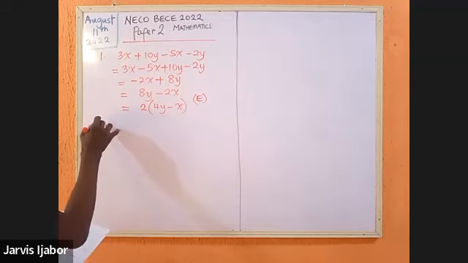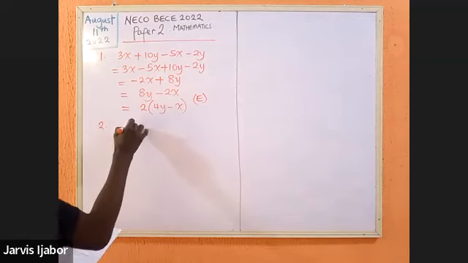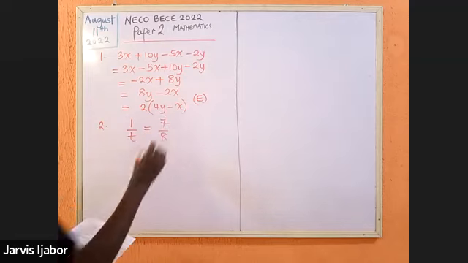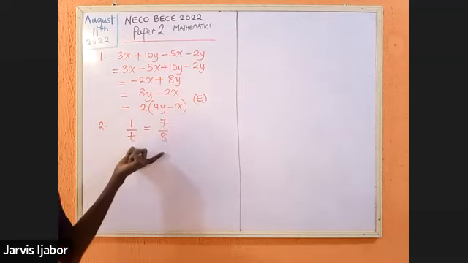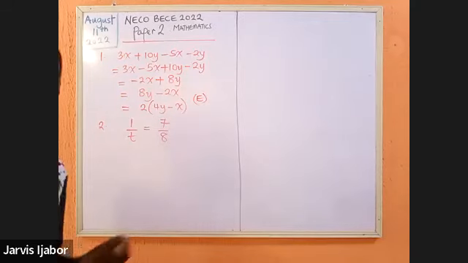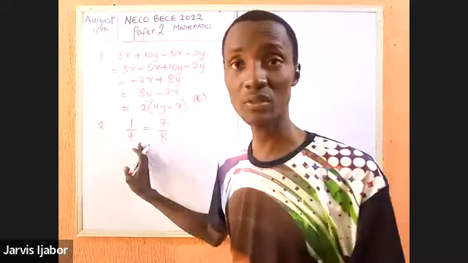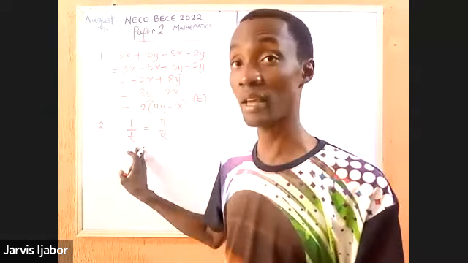Now go to question 2. It says, solve the equation 1 over t equal to 7 over 8. Now, this is one of those questions where IQ is tested. This is drawn from the knowledge of algebraic fractions. Algebraic fractions is the topic being considered here. And in less than 5 seconds, you should have this answer. Why?